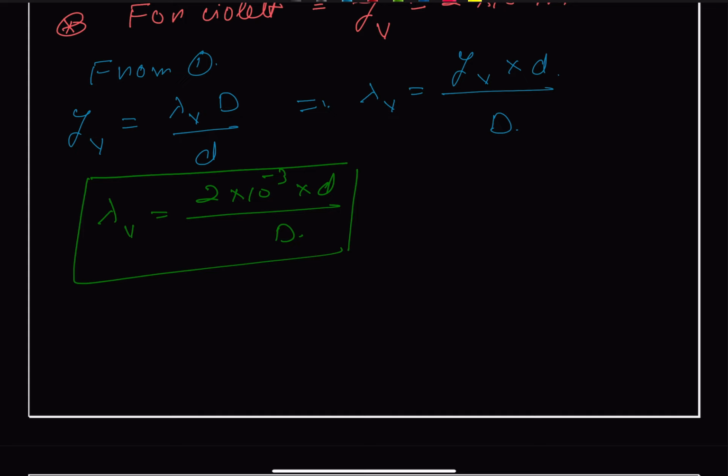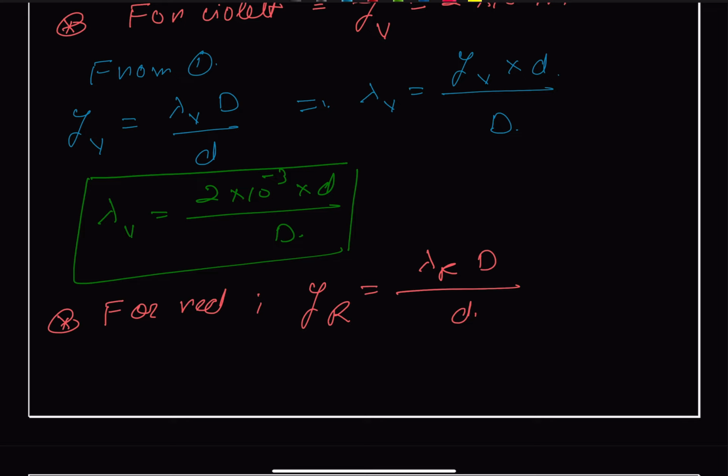And similarly we can say for red, we can write y for red is equal to lambda for red, and this is our capital D upon small d.